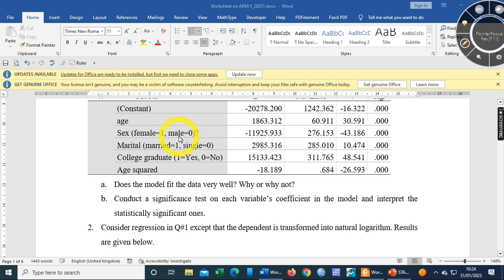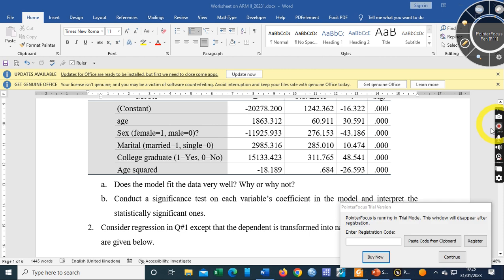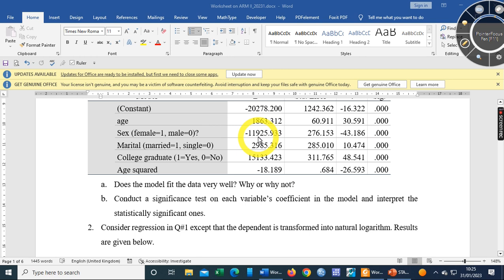When we come to the second variable, which is sex, sex is a dummy variable here. Our reference is male, and the coefficient is statistically significant because its p-value is less than 0.05. The coefficient is negative, which states that the real income of female respondents is less than income earned by the male group.